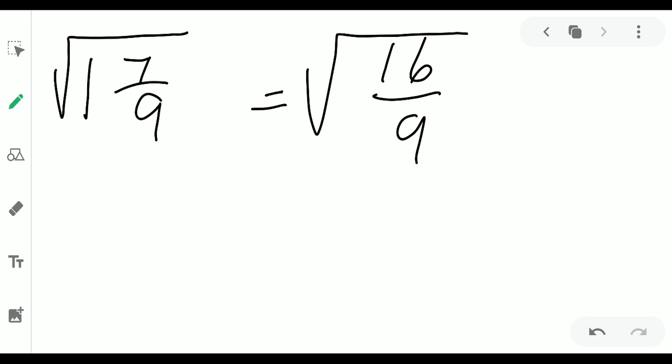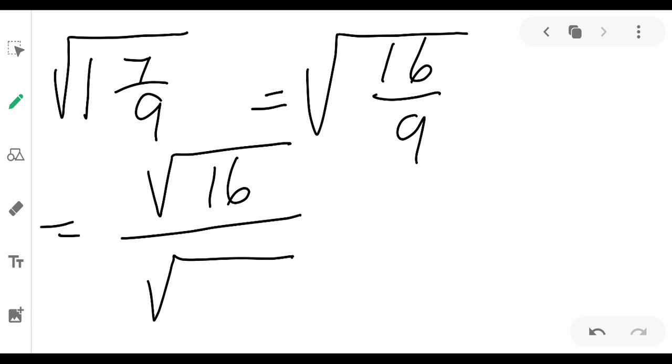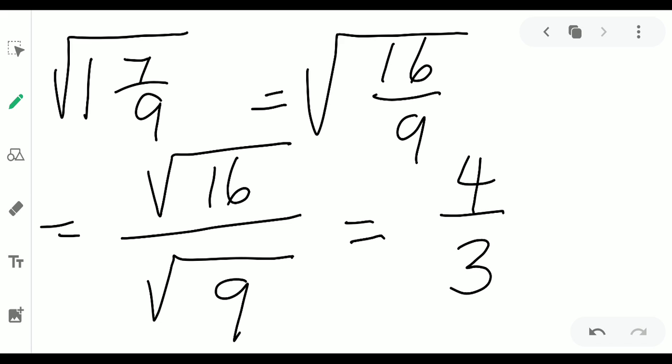It's just trying to change the mixed number or mixed fraction to an improper fraction before you can solve the square root. So here, you are going to get the square root of 16 divided by the square root of what? 9. And the square root of 16 is what? 4. And 9 is what? 3. Then you are done.